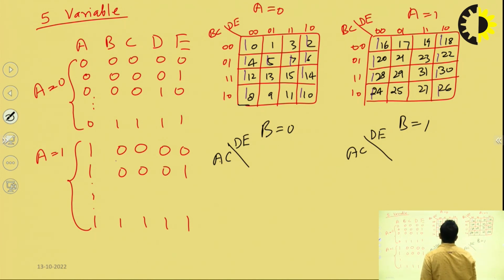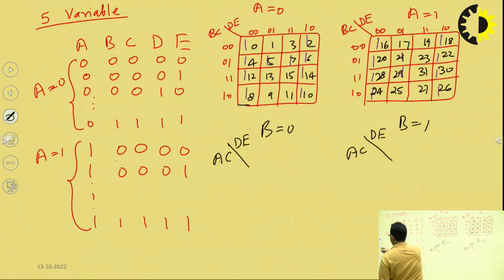So I have filled the cells in this way. Now, while forming the combinations, you have to treat each K-map individually. So I will take both K-maps individually and form the groupings.